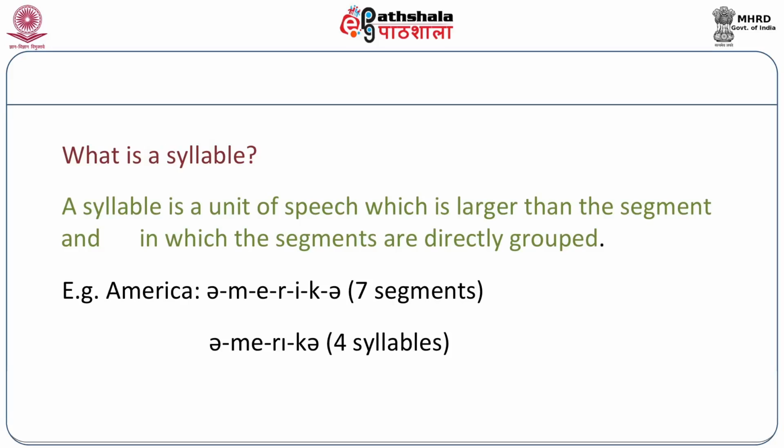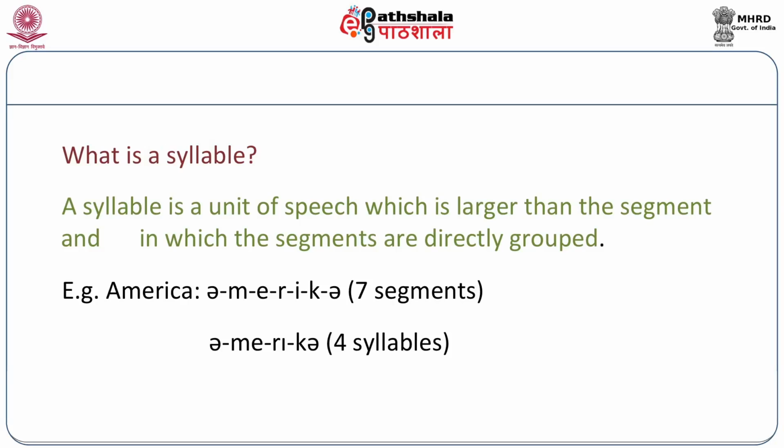Now, given the sequence of segments, there is no way to tell which segment in the middle is closer to, is it the preceding sound or the following sound. For example, in America, when we look at the sound A, it occurs between M and R. Now, it appears there is no way for us to tell which segment it is closer to.